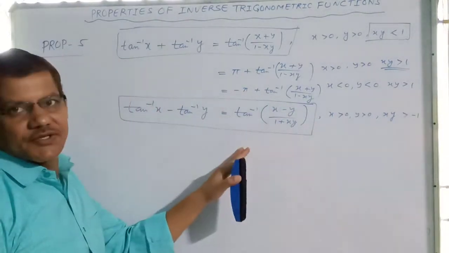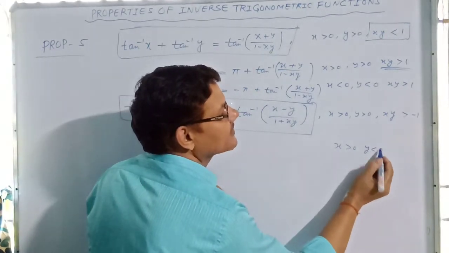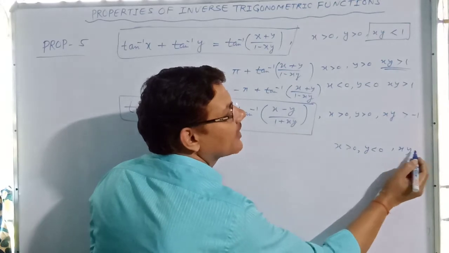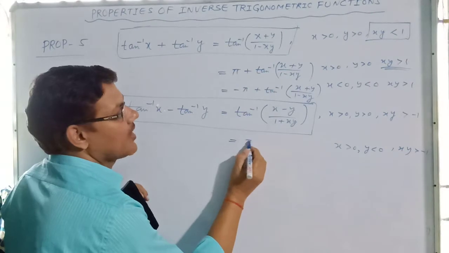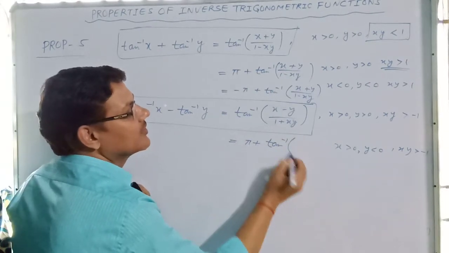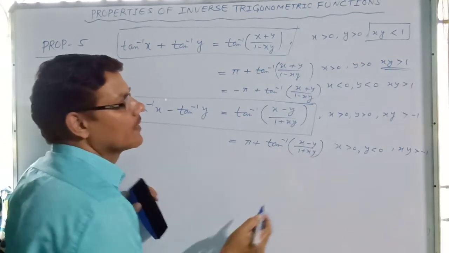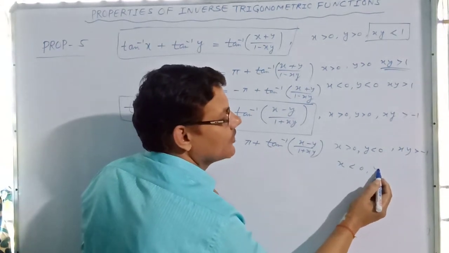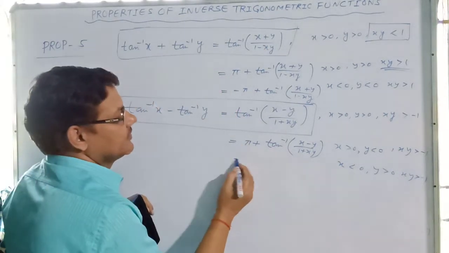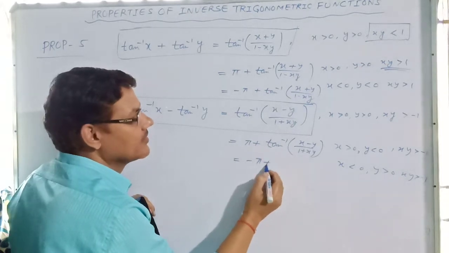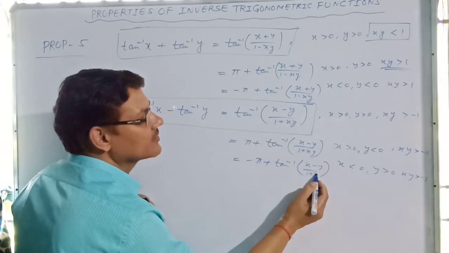If there is a change in restrictions, if x is greater than 0, y is less than 0, and xy is greater than minus 1, then it is pi plus tan inverse of (x minus y) by (1 plus xy). If x is less than 0, y is greater than 0, xy is greater than minus 1, then there is a change: minus pi plus tan inverse of (x minus y) by (1 plus xy).